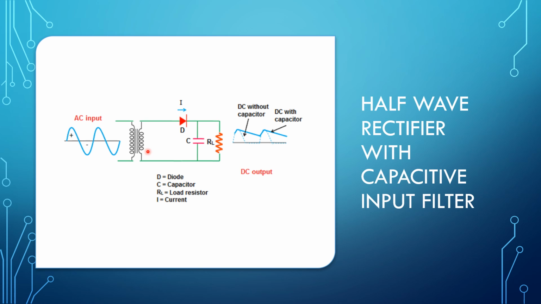So it has to go through the other path of low resistance, and thus it goes through the RL, and they get a low resistance path.